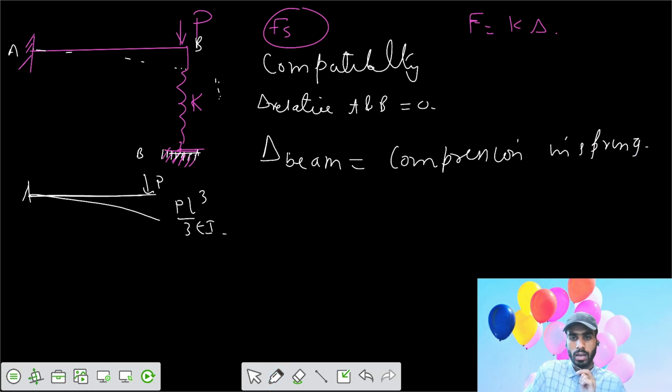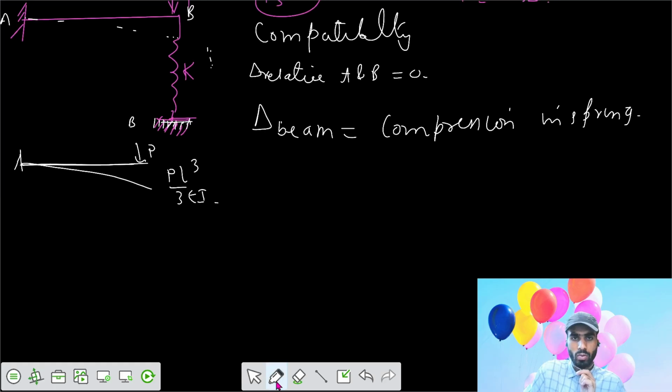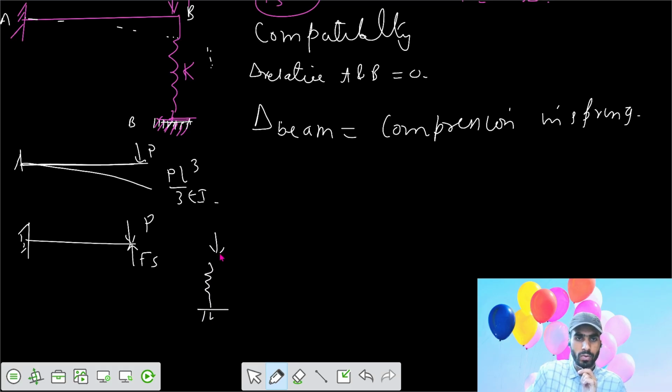Let's say the reaction provided by the spring is force Fs. So we can make the free body diagram. Say this is your load P. The reaction here is upwards, such that there is a compressive force in the spring. Say this is your spring, in which there is a compressive force of Fs.